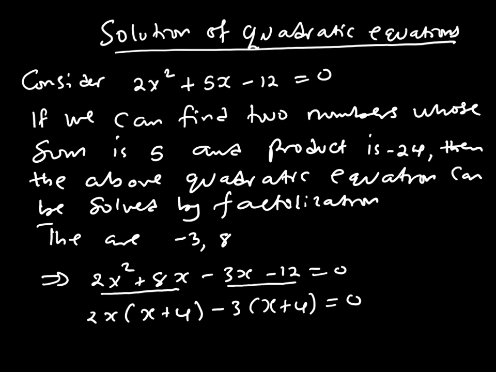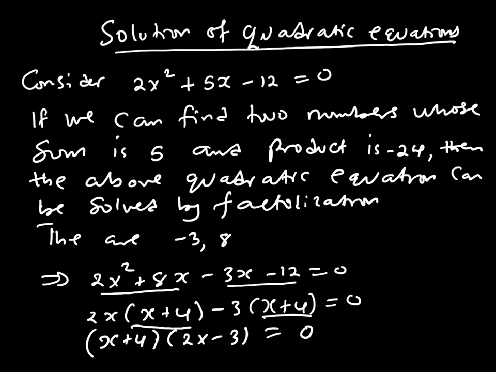This gives us 0. So if you factorize the quadratic equation, after this step, the two brackets must look exactly the same, so they can be factored out, and then you end up with x plus 4 into 2x minus 3 is equal to 0.